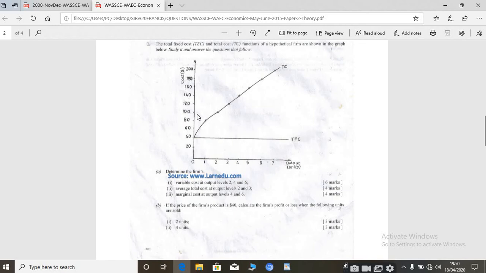So at Q2 we are incurring a cost of what? $1,000. Sorry, $100. It's not 1,000. If you trace it from the cost curve to the cost section, you are getting $100. So at Q2 the total cost is $100.